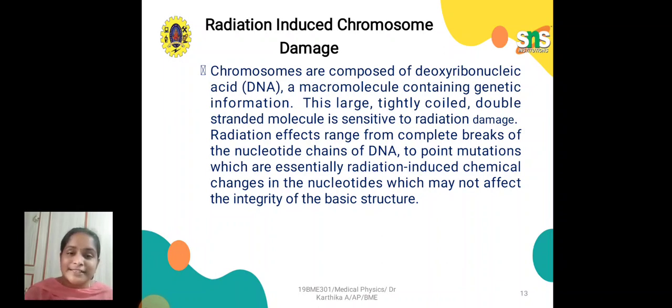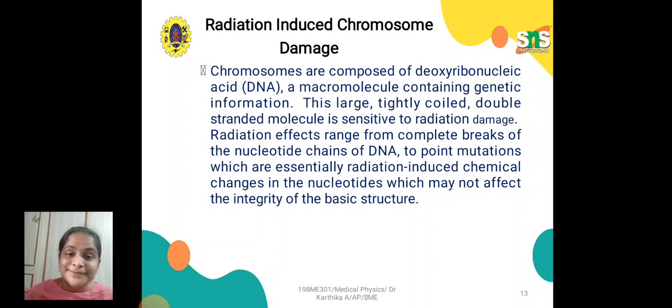Okay, next one is about radiation induced chromosome damage. Here, the chromosomes are composed of DNA, and thus the large, tightly coiled, double stranded molecule is sensitive to radiation damage, which is essentially radiation induced chemical changes in the nucleotides, which may not affect the integrity of the basic structure.